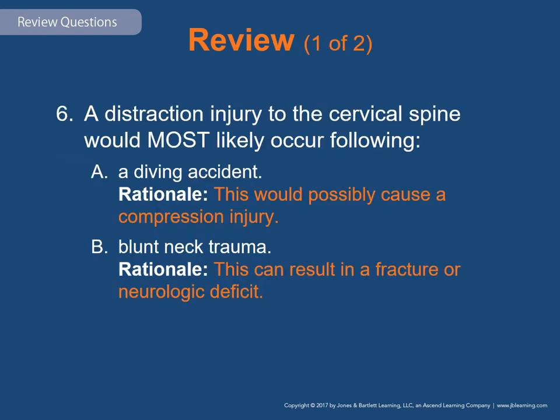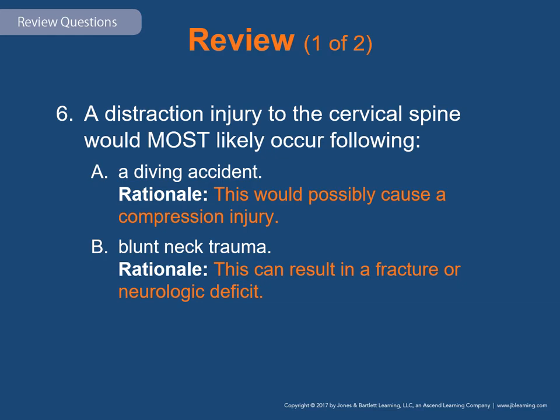Question 6. Let's review the incorrect answers. A distraction injury to the cervical spine would most likely occur following a diving accident. That's incorrect. A diving accident would possibly cause a compression injury. That's why at pools, especially in the shallow end, you see no diving, because people dive into the shallow end and they have a compression injury to the top of their head from hitting the bottom of the pool.